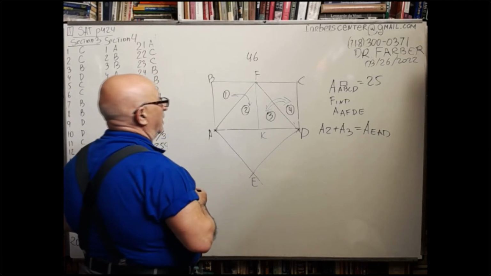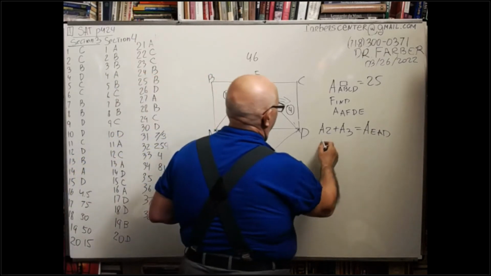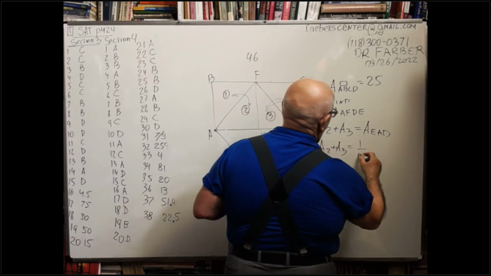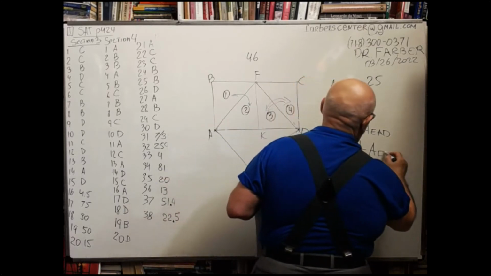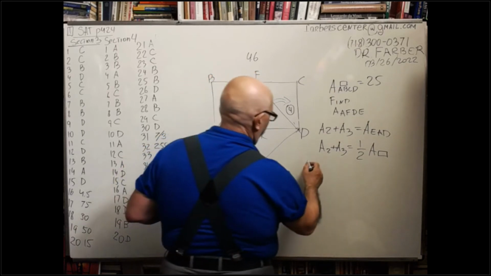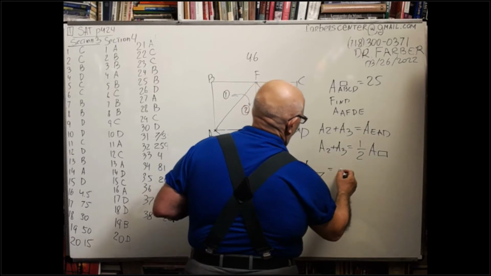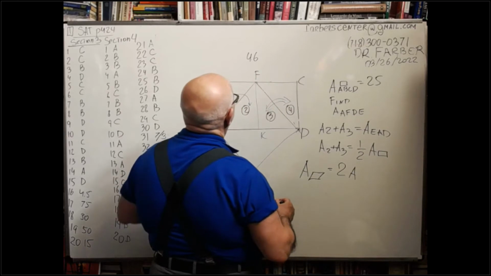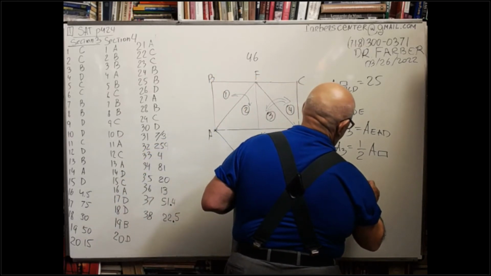So far so good. Why? Because area 2 plus area 3 equals 1 over 2 of the area of the rectangle, and the area of the parallelogram equals the area of triangle AFD.